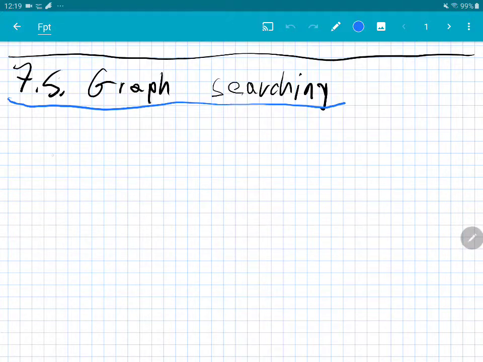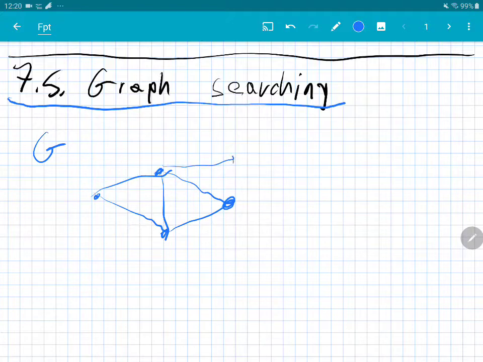Okay, so we have a graph, G, and there are vertices. The vertices are people, and an edge corresponds to two people that are in contact. Think about those people being in contact because they work in the same office, or they're in the same family, or they go to the same grocery store, whatever, right?